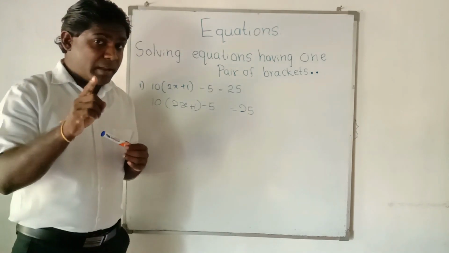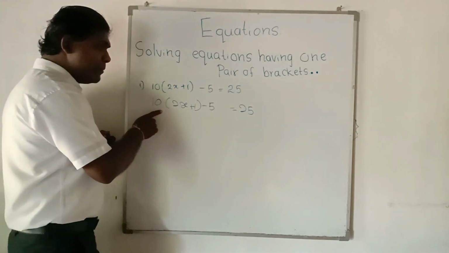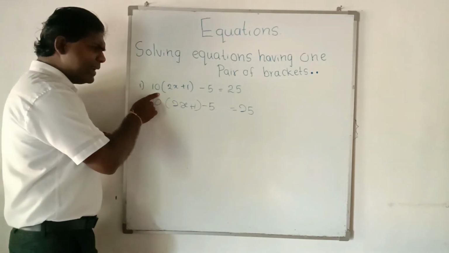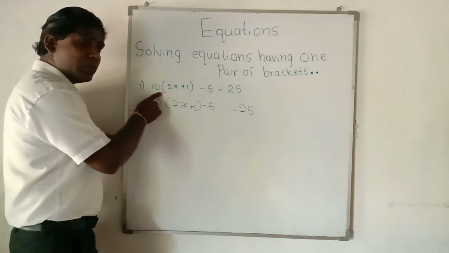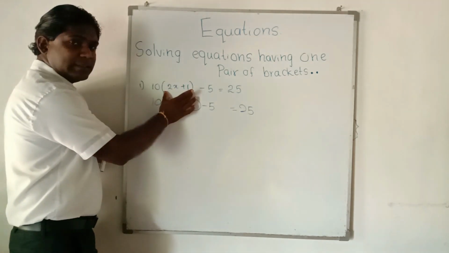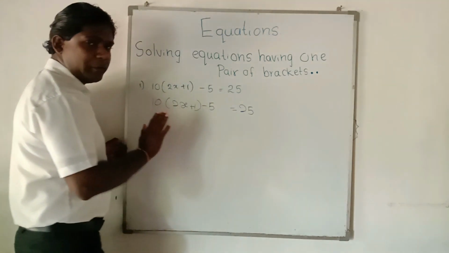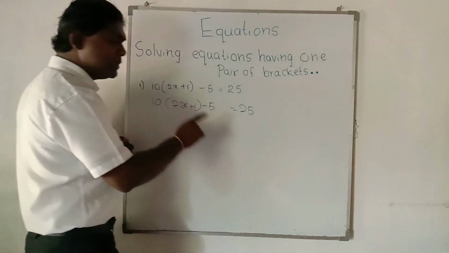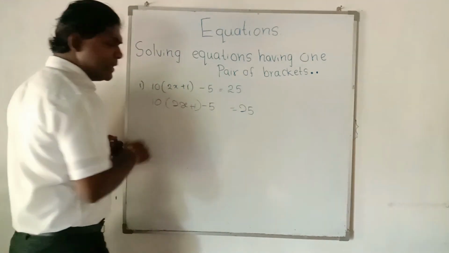Please keep in mind, dividing by 10 is wrong, because this 10 is related only with this bracket, not with 5. Firstly, the opposite operation should be for subtraction 5.